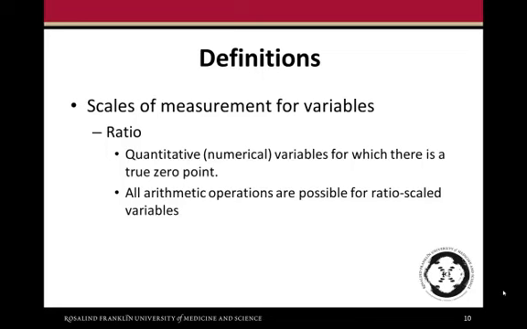So you can go from ratio, convert that into interval data, convert that into ordinal data, and then convert that into nominal data, or that categorical data. So you can go in that direction, but if you start with nominal data, there's no possible way to go in the other direction to end up with a ratio scaled variable.